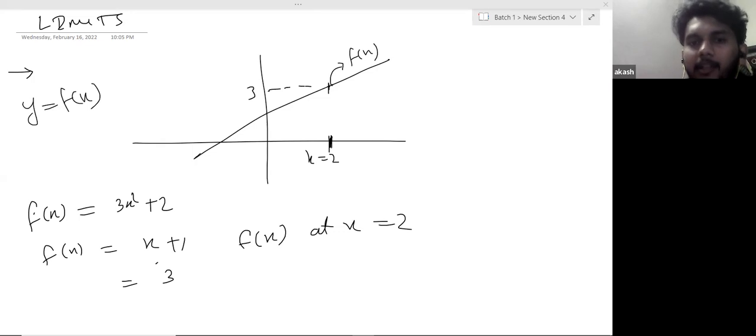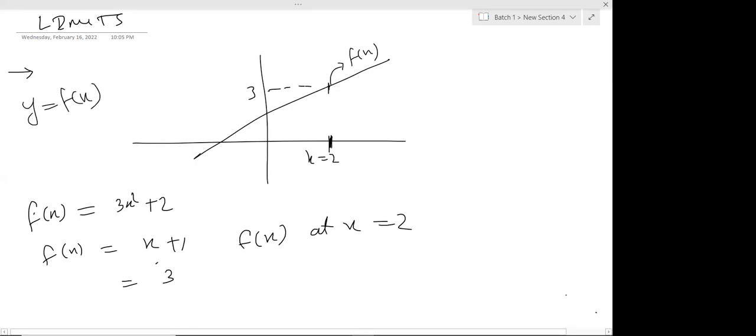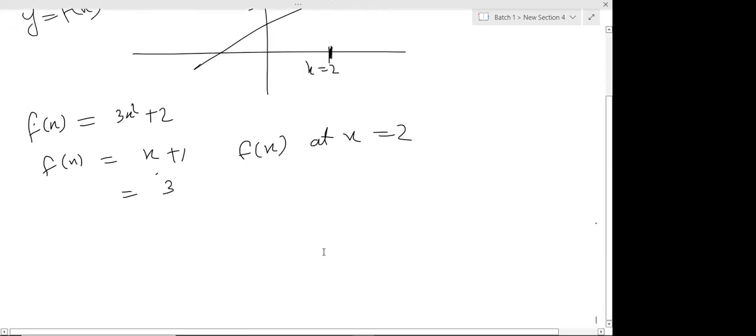Now, when you are given a graph, suppose, not given an equation. So give me a minute. All right.